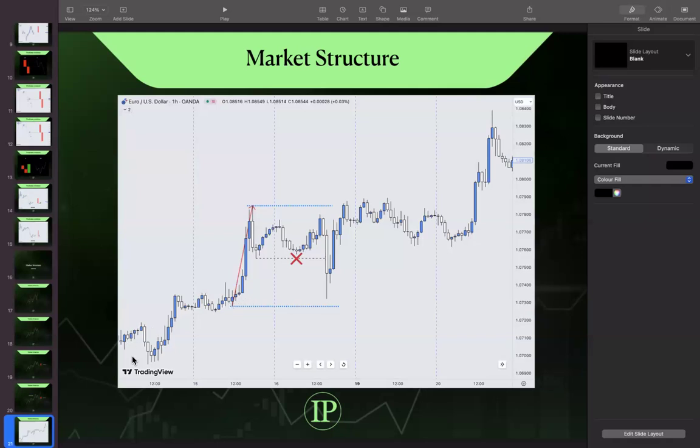Right here, we can see that we are in a continuation bullish move to the upside, okay? And right there, we have our impulse leg. We have a pullback, but price does not create a new high yet, okay? So while it is still between the low and the high, price can do whatever it wants until we create a new high and a new candle open, forms, and closes above that line. Okay, so all of this was a pullback, and then price continued again.